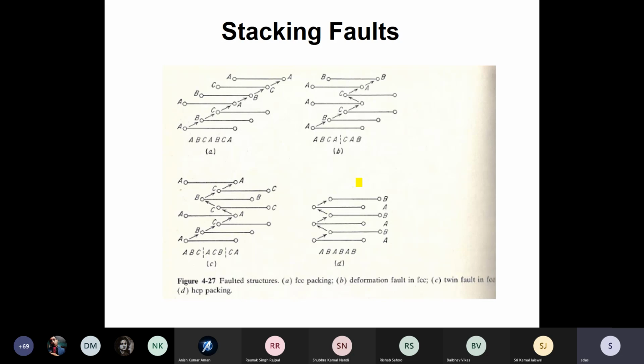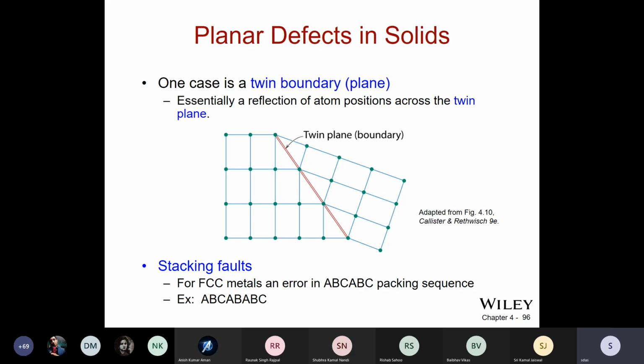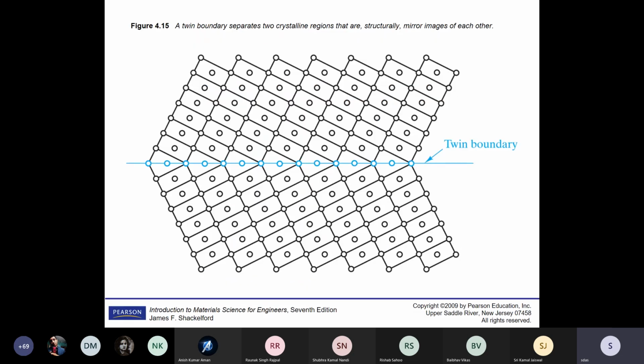It is also a surface defect. So twin is a surface defect, stacking fault is a surface defect. They are associated with an energy, called twin energy and stacking fault energy. So these are defects in a crystalline solid. They are called surface defects or planar defects.